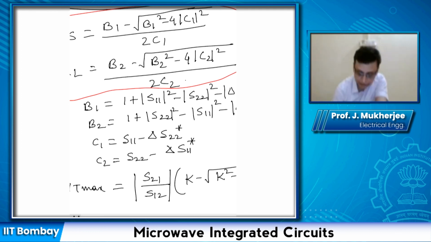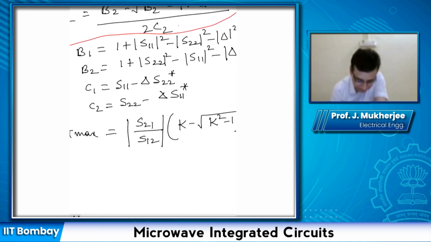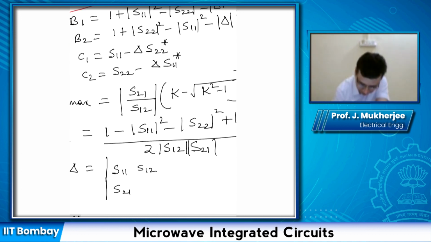This K is nothing but that parameter K which we discussed while discussing stability. So K is equal to 1 minus this expression.